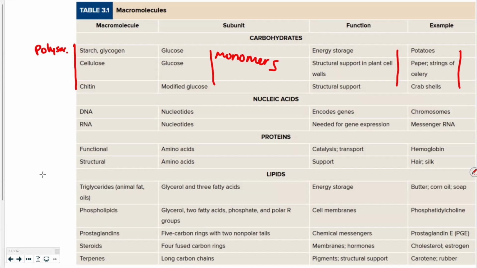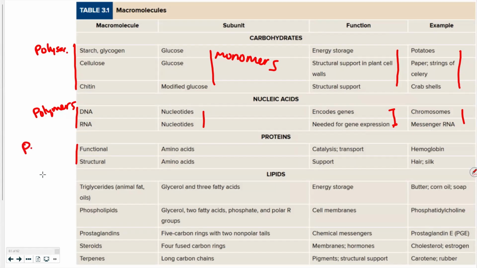Okay, again, our nucleic acids, DNA and RNA, are our polymers composed of nucleotides. DNA and RNA have different jobs. We'll talk a lot later in the course about those different jobs. And then we can give some examples. Okay.